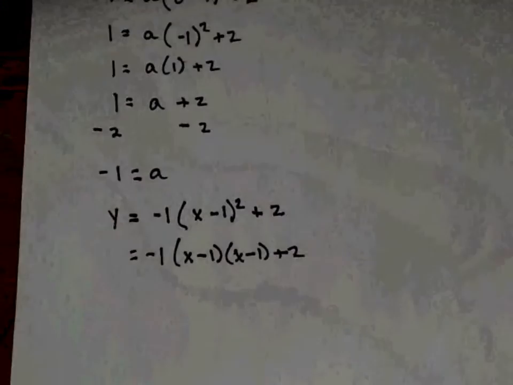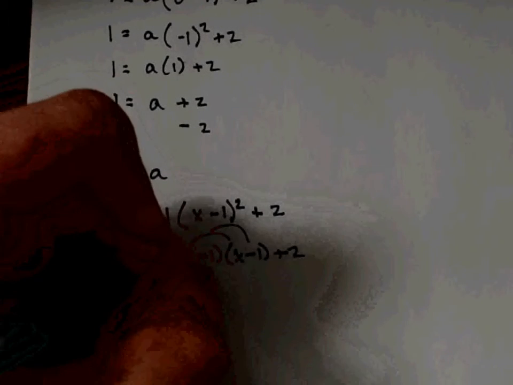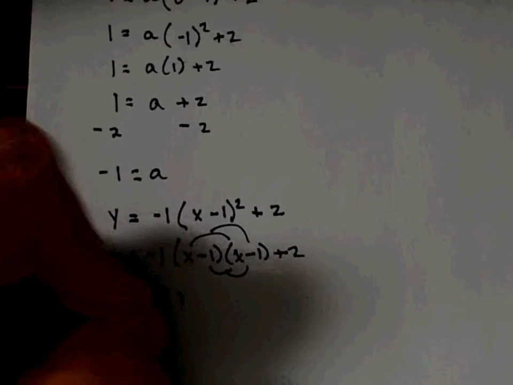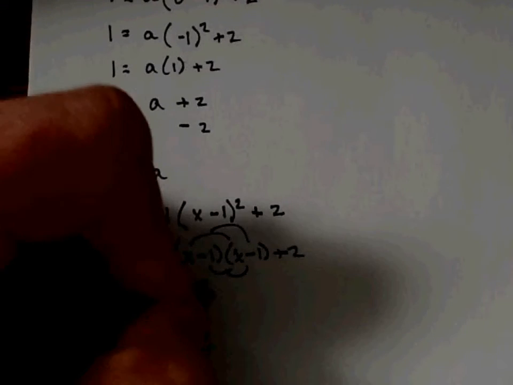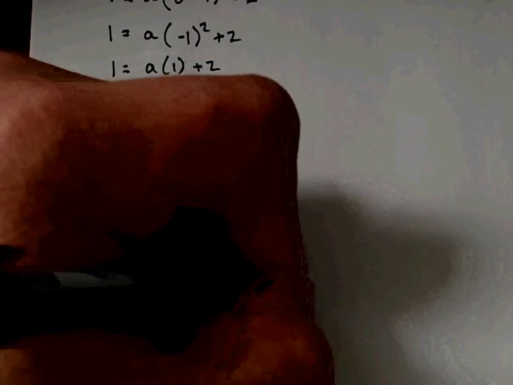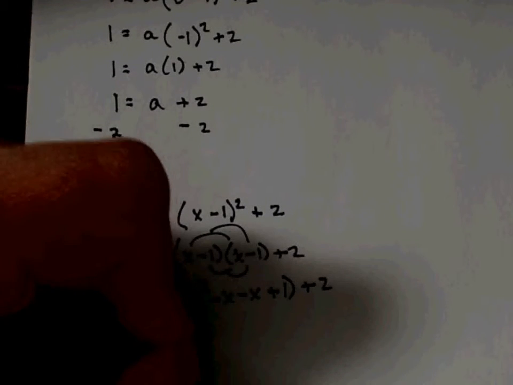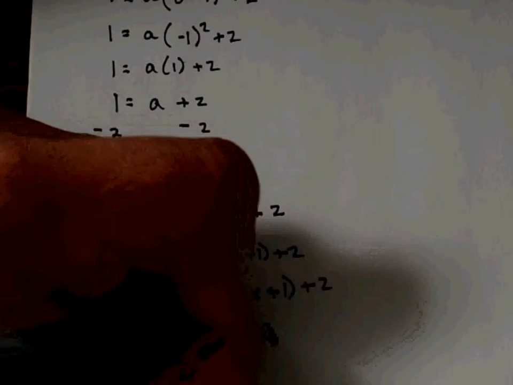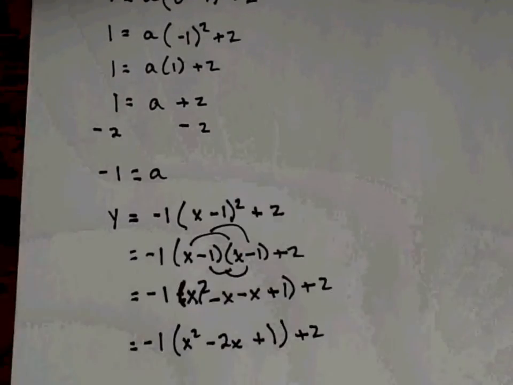Okay, -1 times (x minus 1)(x minus 1) plus 2. Using the distributive property, x squared minus x minus x plus 1, plus 2. Combine my like terms in here: x squared minus 2x plus 1, plus 2.